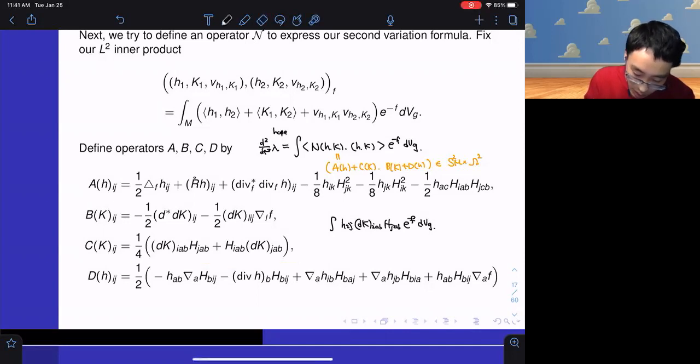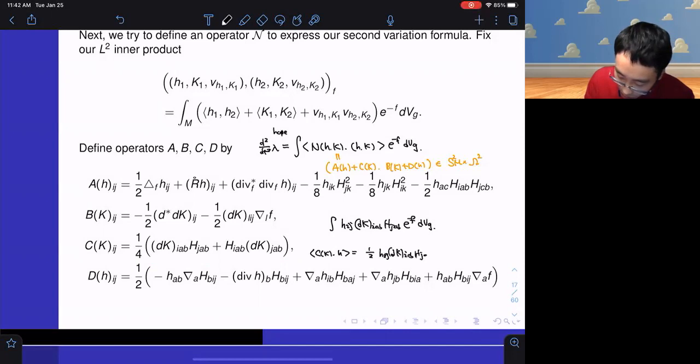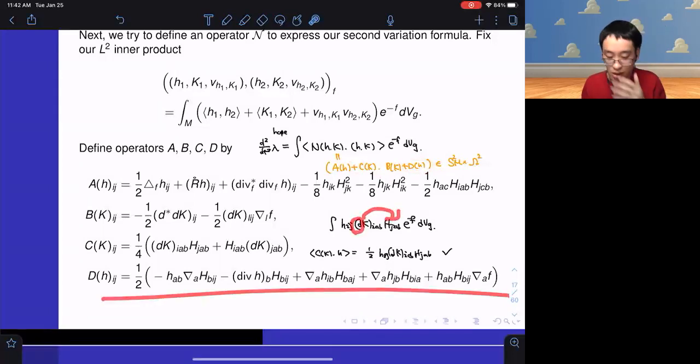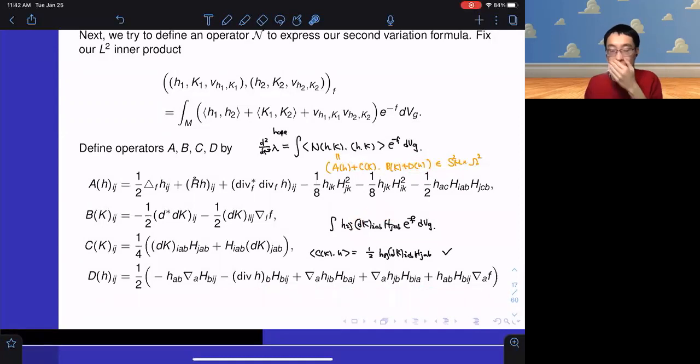This is easy because when you take the inner product of CK with H, this is nothing but half of this quantity. So we have this result, but for the other part we have DH inner product with K. So we just use integration by parts to transfer d to the other side and derive our DH component.